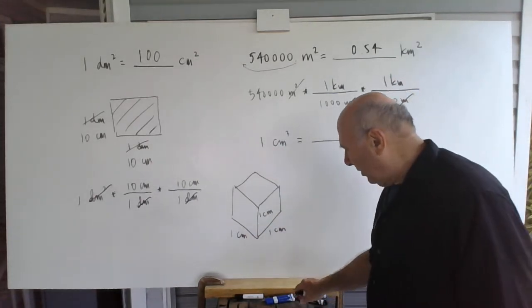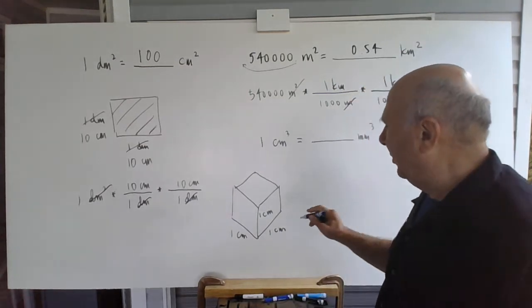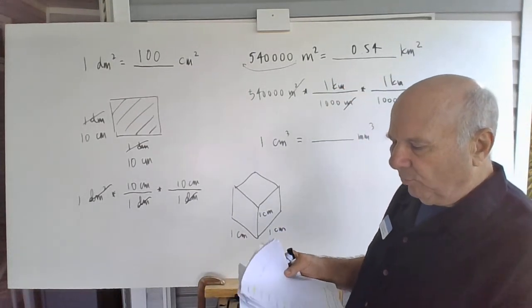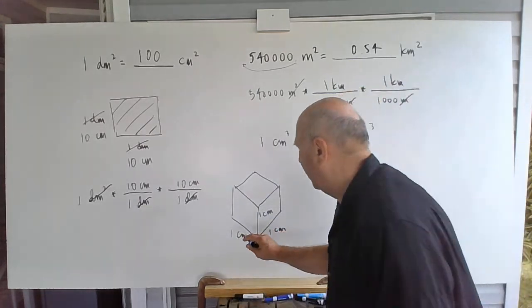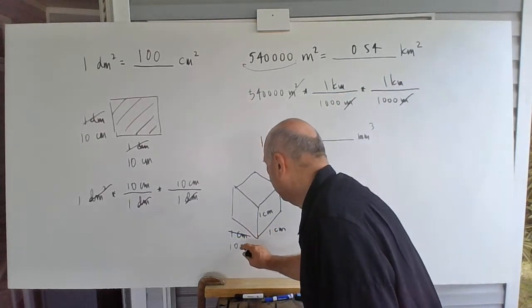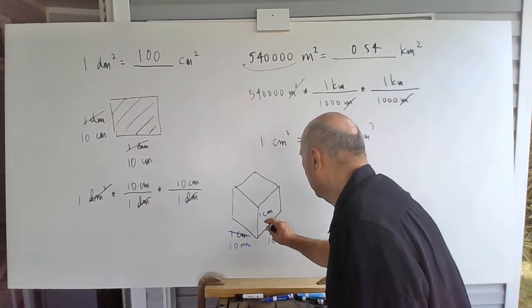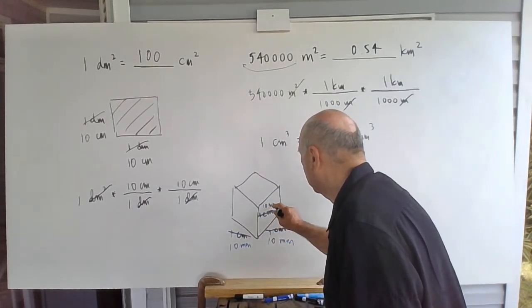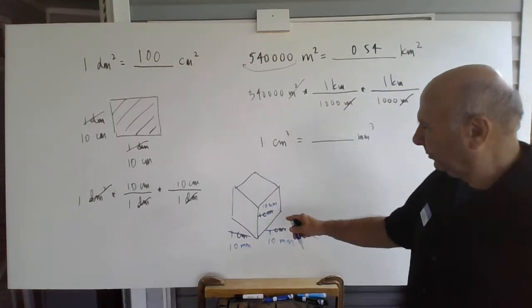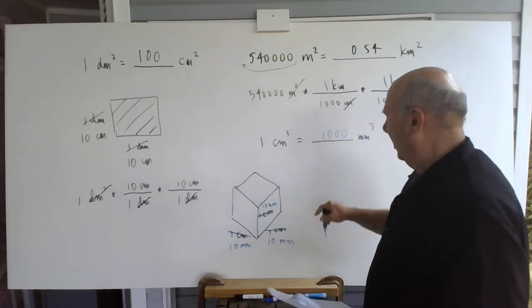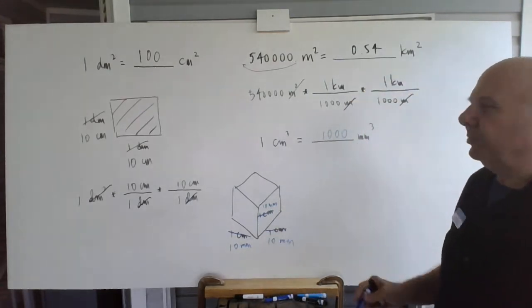So to change these to millimeters, on the scale, to go from C to M, you go down 1, so you multiply by 10. So this is 10 millimeters. So is this, and so is this. So you see that 10 times 10 times 10 would be 1,000 millimeters cubed.